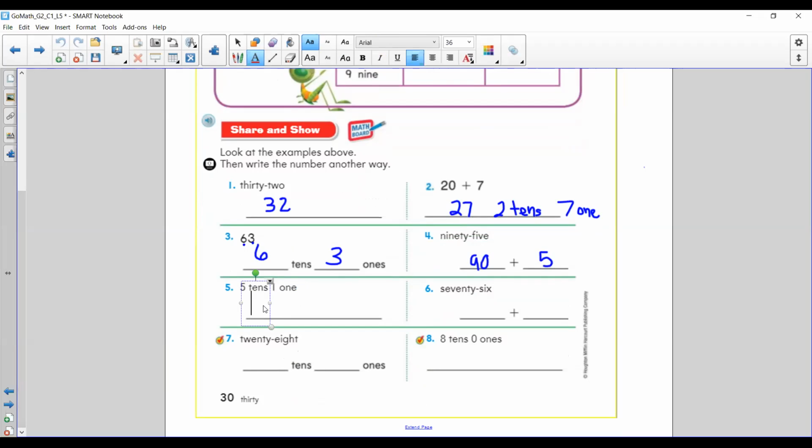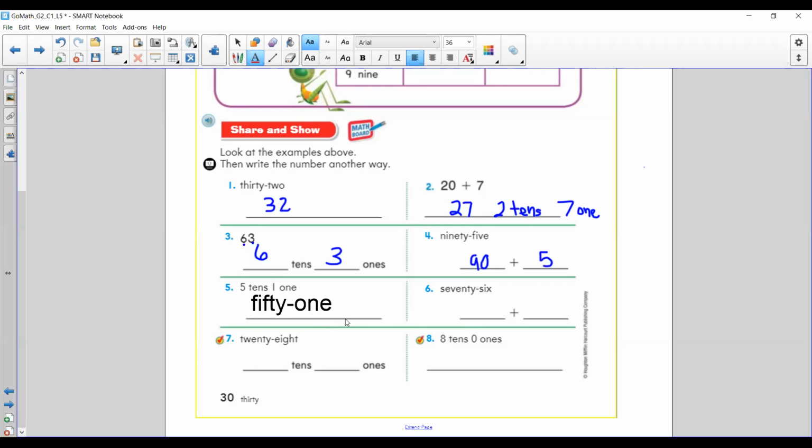So I'm going to write 50, and then I'm going to put a hyphen, and I'm going to write 1, because there's 1, 51. Or you could write 50 plus 1, or you could write 5 tens, 1 one, 51. Okay, so we'll just leave it like that and go on to the 76.